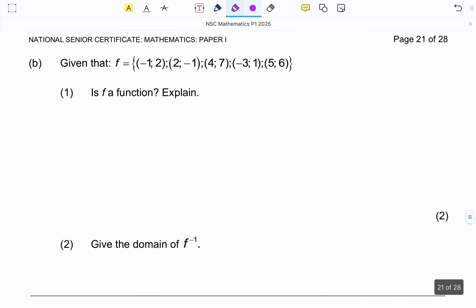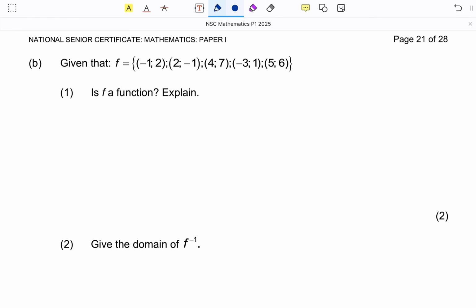Then in the next part of this question, it tells us that the equation of f is given, and it now asks us if f is a function, and we need to explain. If we look at the x values, we will notice that there is only one y value for each x value.